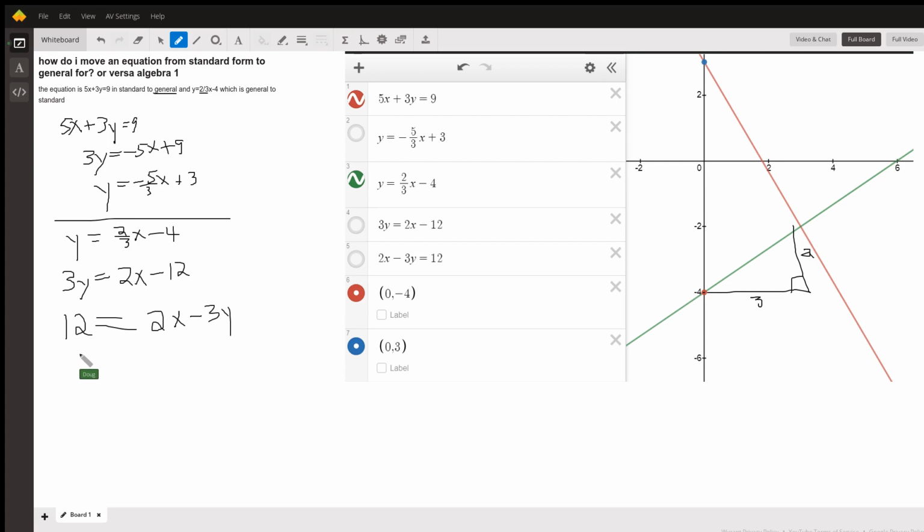And by the symmetric property of equality, I can write it this way. So there's standard form according to your definition.